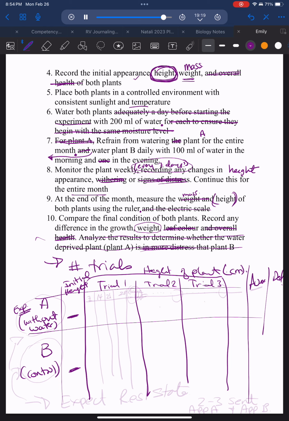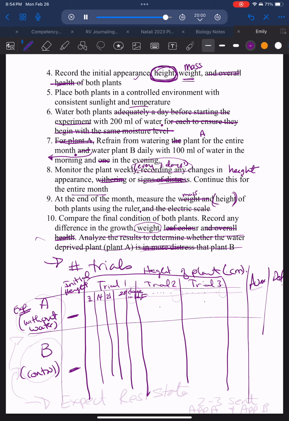So trial 1, you would divide this into 7. The first 7 days, the other 7 days is 14, day 14, day 21, day 28. And then here you can put probably a column that says change in height. And you do the same thing for trial 2, trial 3: 7, 14, 21, 28, change in height.